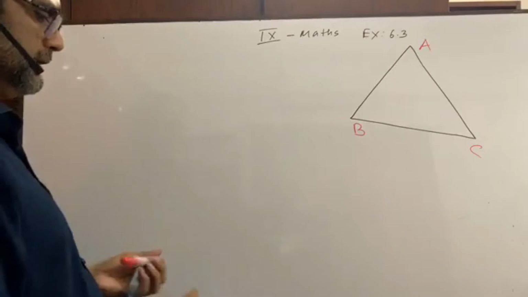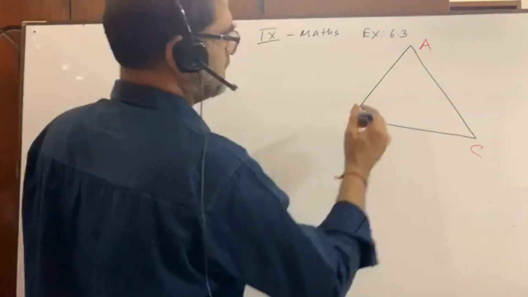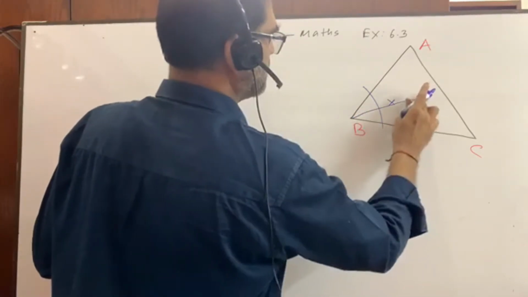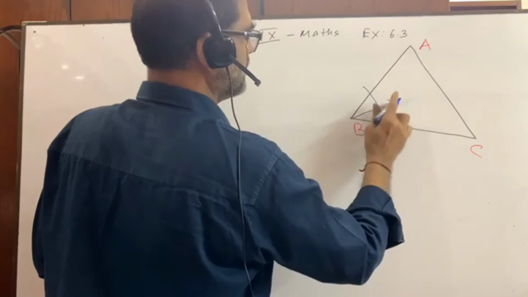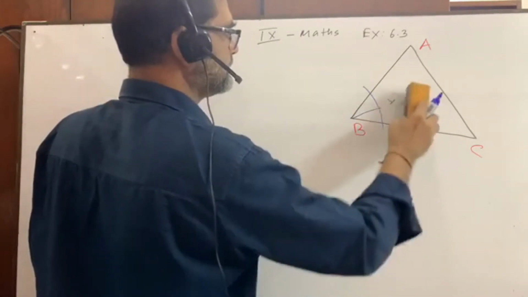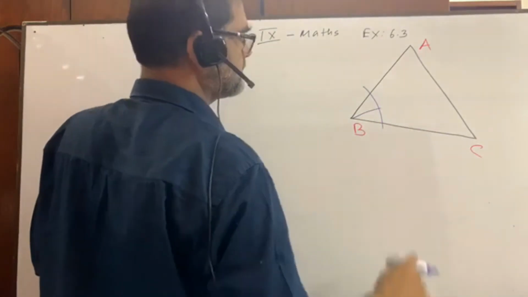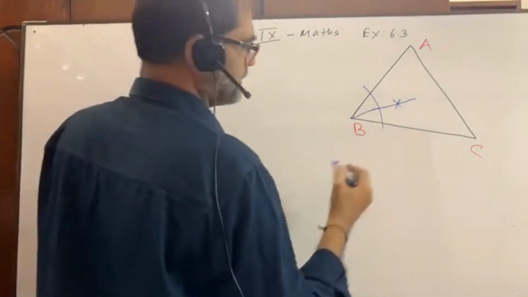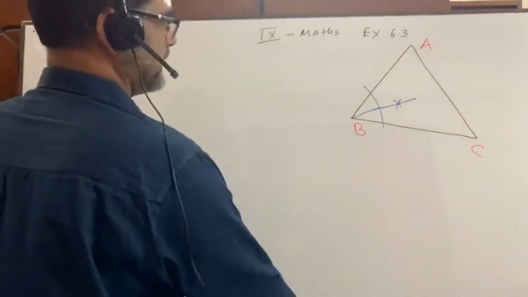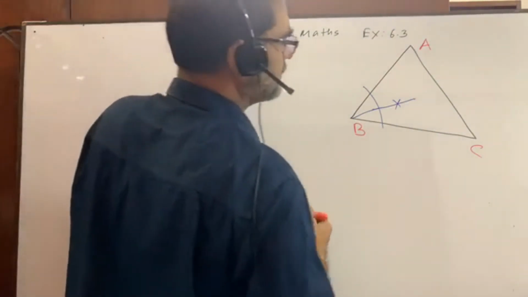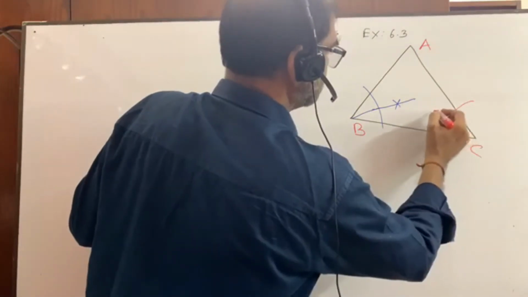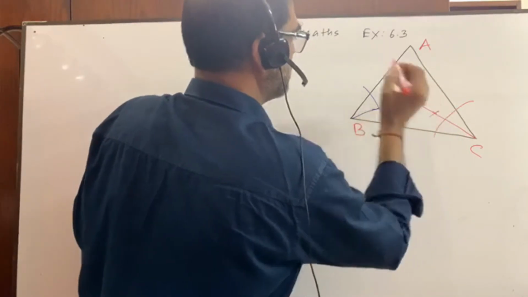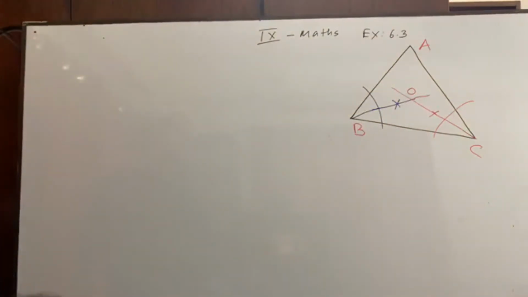And you are told that the bisectors of angle B and bisector of angle C, we can write here like this, meet at the point O. Have you got it?